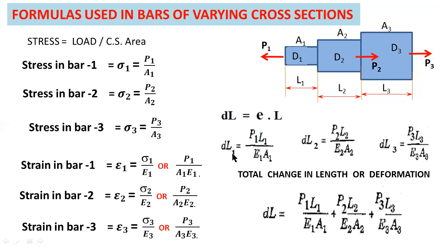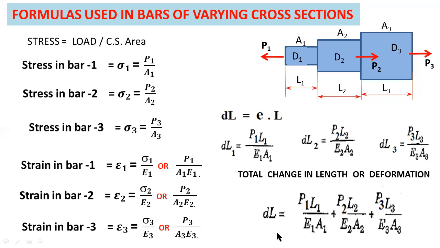Delta L equal to delta L1 plus delta L2 plus delta L3 is the formula for total change in length. So delta L equal to P1 L1 by E1 A1 plus P2 L2 by E2 A2 plus P3 L3 by E3 A3. This is the formula for total deformation.